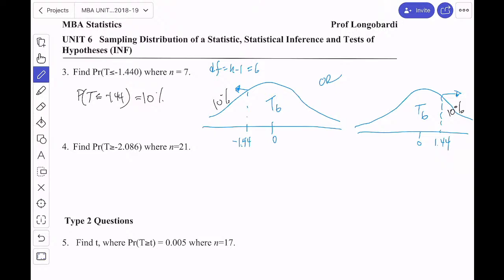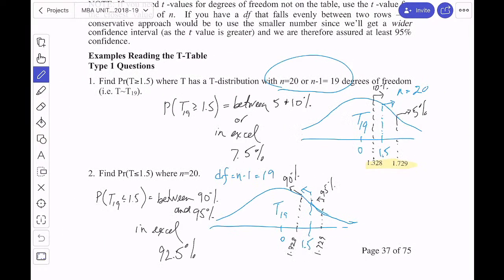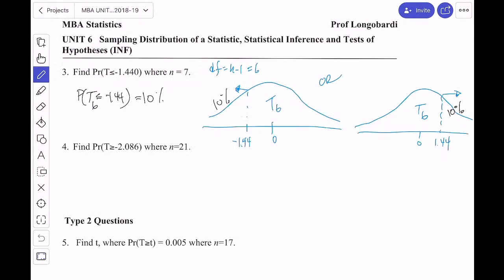Now let's try it in Excel, because then we don't have to do the flipping. So let's try for t, actually I want to put 6 here. Always put the degrees of freedom. I did it here as well, right? Okay. Let's go to Excel.